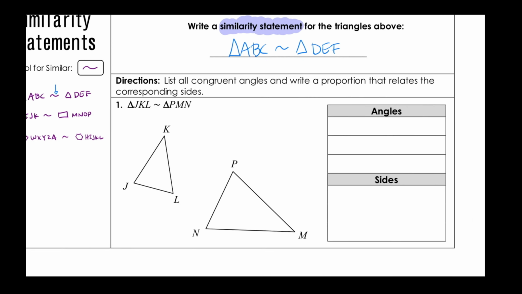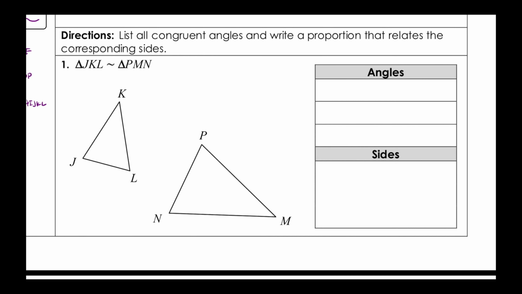So if I look here, there's a similarity statement right there. We don't have to write it. Looking at the similarity statement, it tells us everything we need to know. What they want us to do is list all the congruent angles and write a proportion that relates the corresponding sides. Let's look at the angles first.